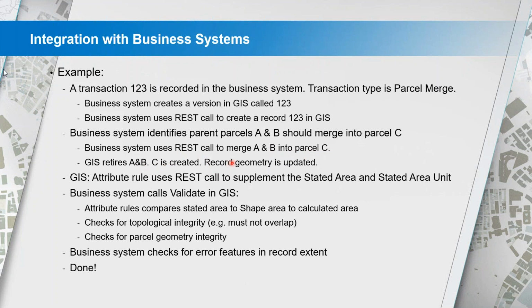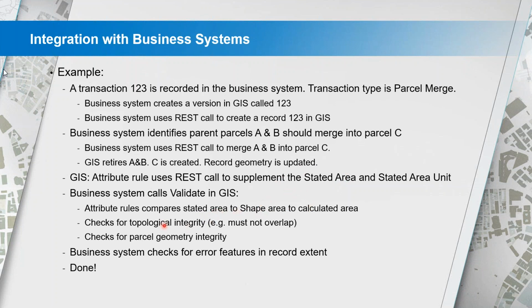In Pro, we have something known as attribute rules. We could actually set up the attribute rules to do something, maybe call a REST endpoint that looks at the stated area and the stated area units and validate that against the business system. So we could actually compare the stated area to the shape area to the calculated area to see how close we are between these three.